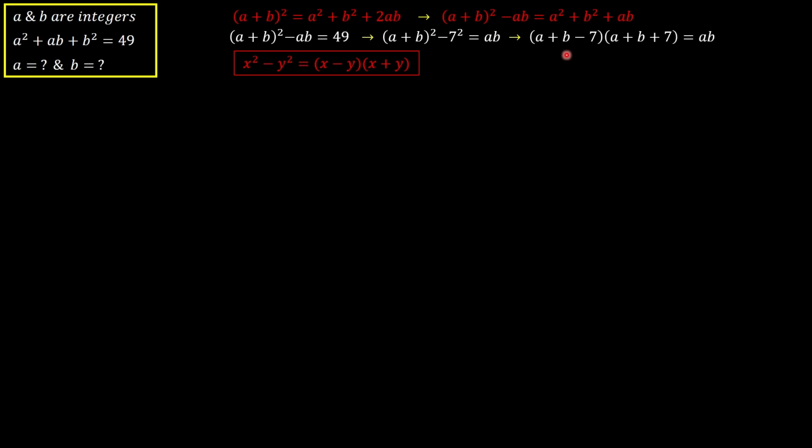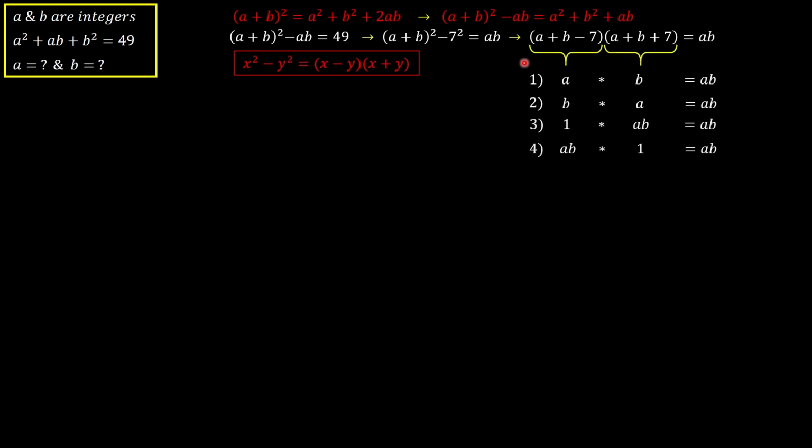So now we have a multiplication of two brackets, and we know that the multiplication of these two brackets should be equal to a multiplied by b. So there are following possible solutions. The first solution is if this bracket equals a and this bracket equals b, then if we multiply them, we'll get ab. The second solution, now this bracket equals b and this bracket equals a.